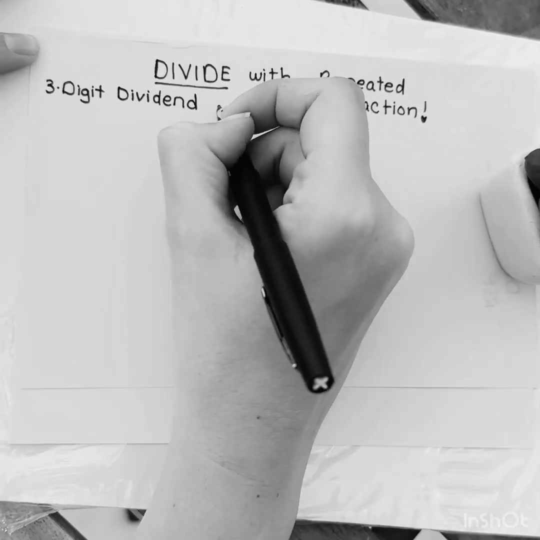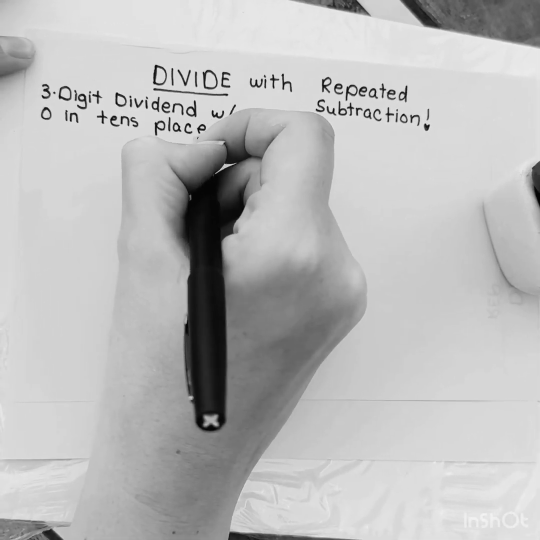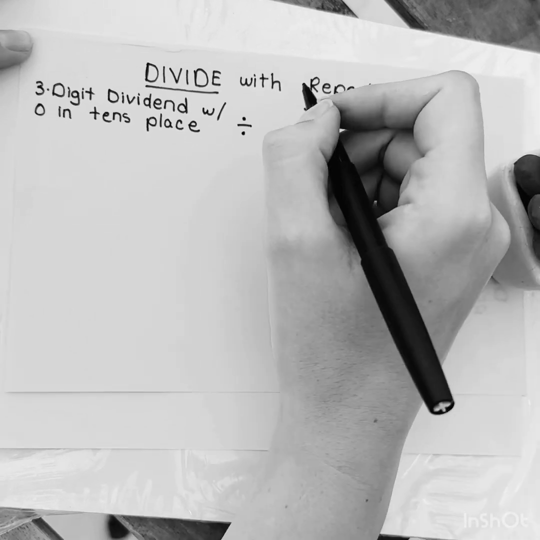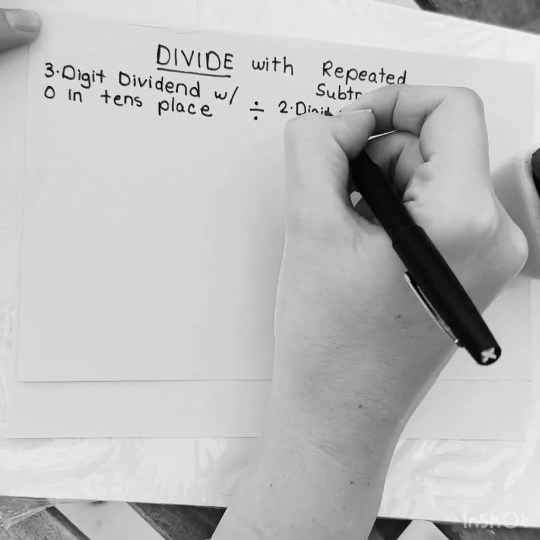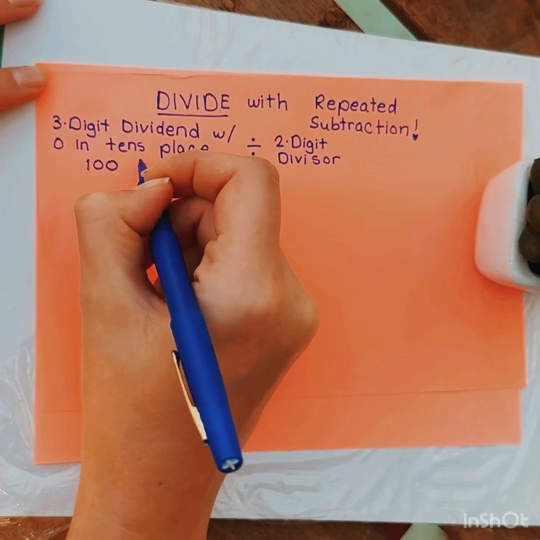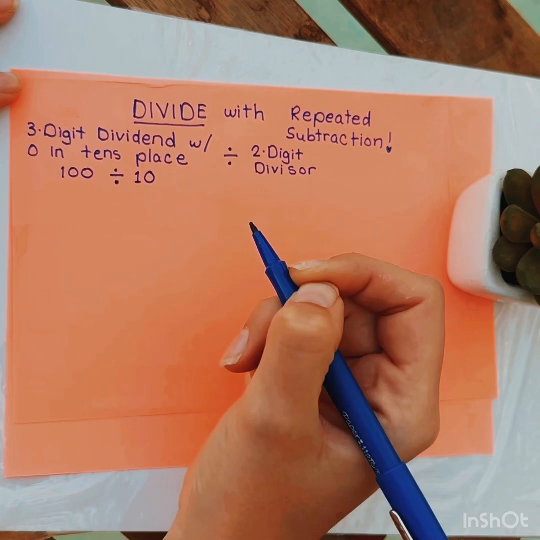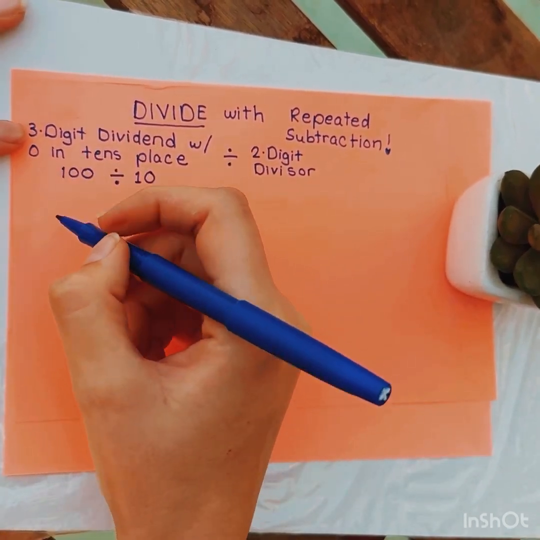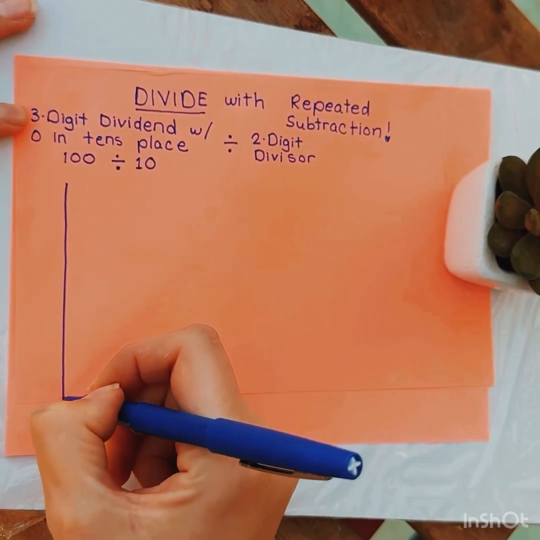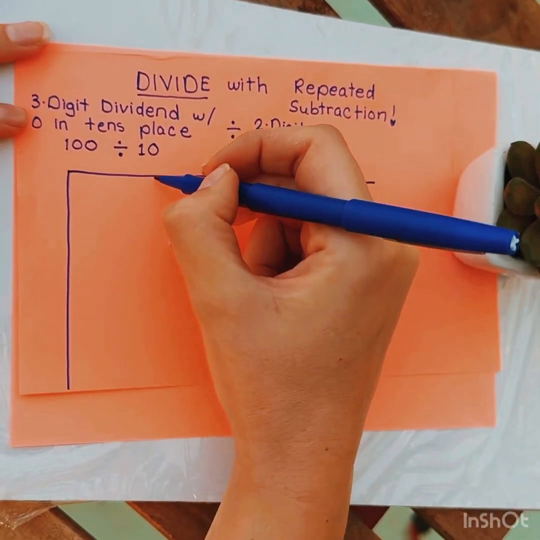Our division problem calls for a 3-digit dividend with 0 in the tens place, divided by a 2-digit divisor. I chose 100 divided by 10. So for the repeated subtraction method, you don't actually have to know how to divide anything.